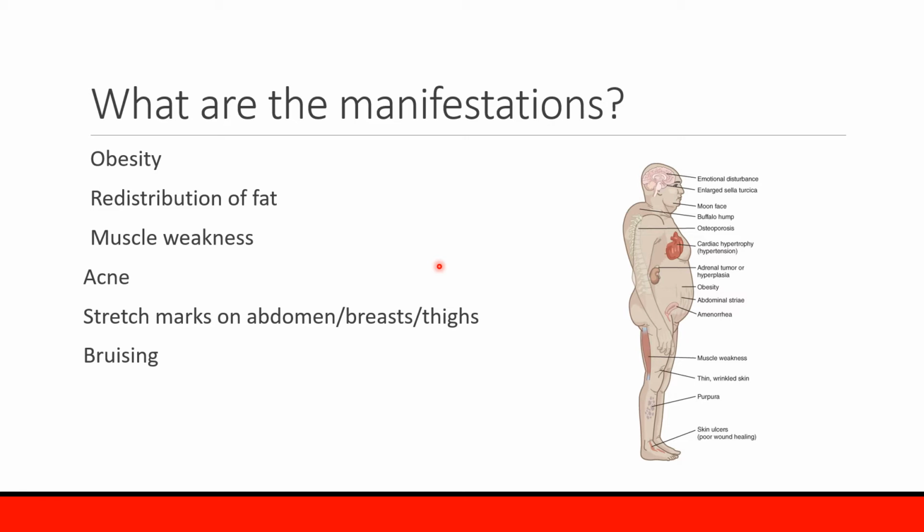So oftentimes you see it on the shoulders of people who lift weights a lot, and they put on a lot of weight real quick, not giving time for their body to adjust, leading to stretch marks and damage to the collagen fibers. And this specifically occurs in the abdomen, in the breasts, and then in the thighs, because this is where the fat redistribution occurs.